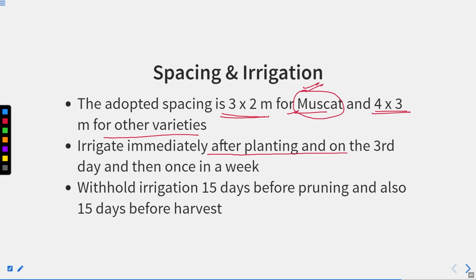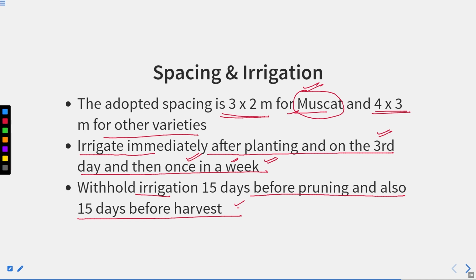Irrigate immediately after planting and on the third day, and then once in a week. So when you have planted this fruit plant, irrigate at that time only, and then after the third day you have to irrigate it again. Afterward, once the plant has been established, you have to irrigate once in a week. Withhold irrigation 15 days before pruning and also 15 days before harvesting.